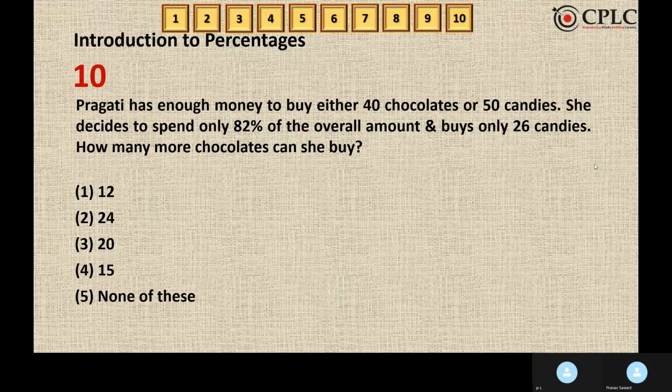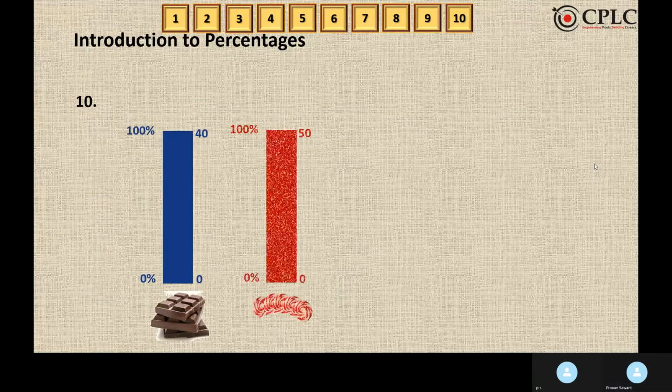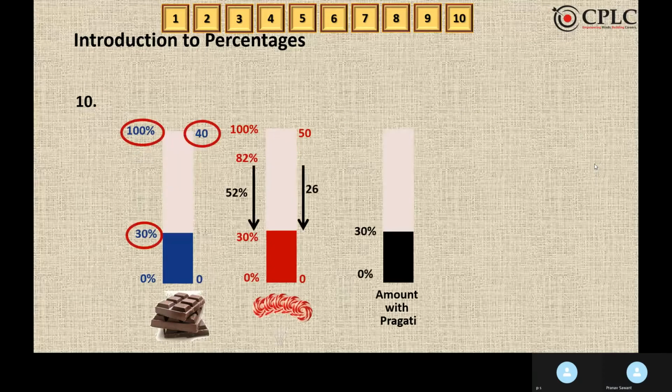We can directly do 30 divided by 2.5, because 2.5 is the cost per chocolate. And if you do 30 divided by 2.5, we will get 12 as the answer. Option 1 is the answer. Thank you.